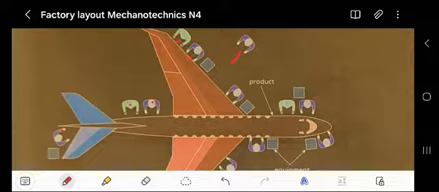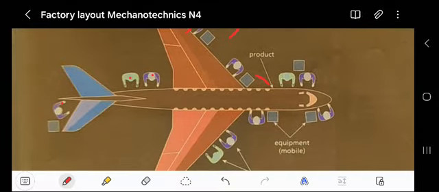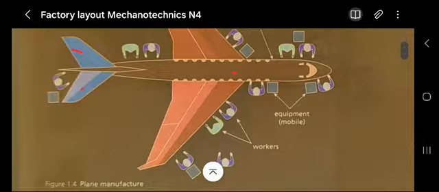These guys are expensive. The equipment they are applying is being used to manufacture this aeroplane, and then you have to pay all those laborers. We have workers, and they are very expensive.